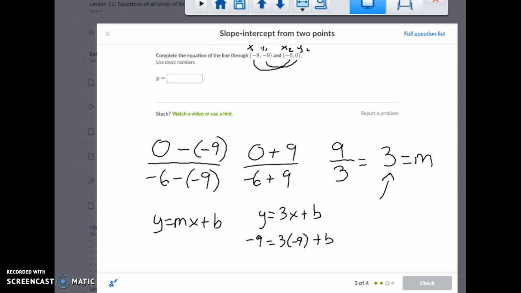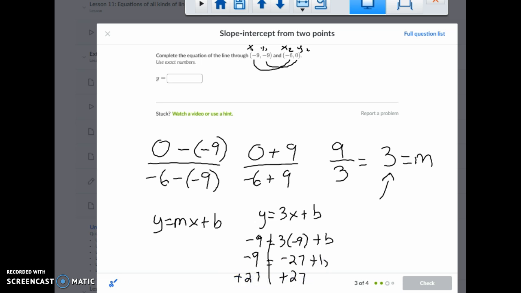So 3 times negative 9 is negative 27, negative 9. And this is where we talked about the importance of those two-step equations. So right here, you have negative 9 equals negative 27 plus b. Well, I have to solve for b, so I'm adding 27 to each side.